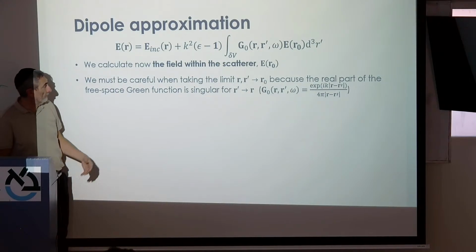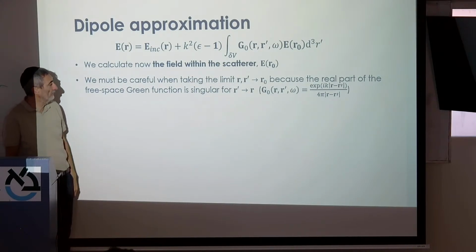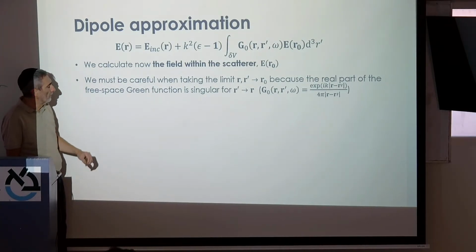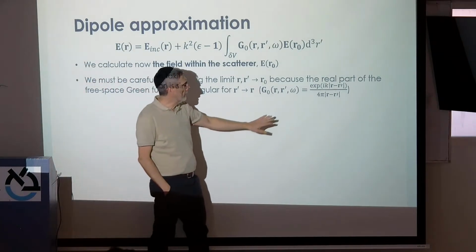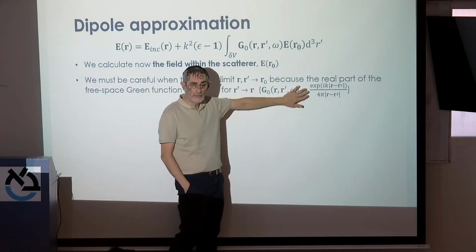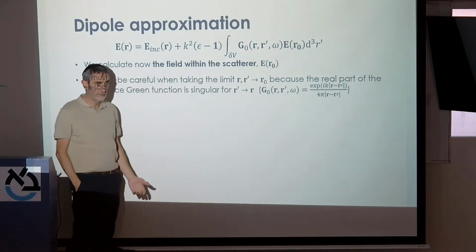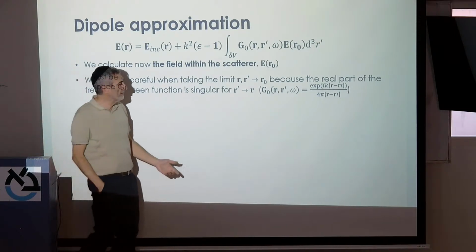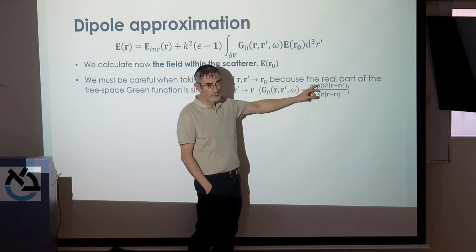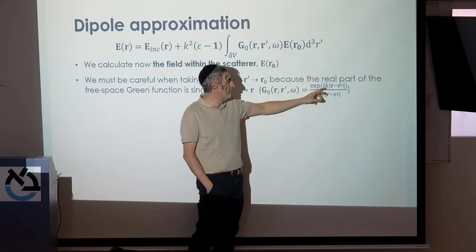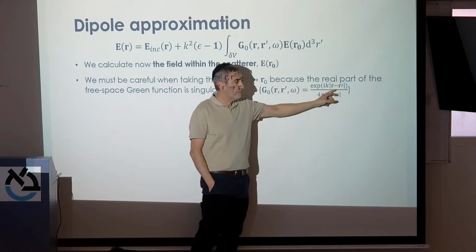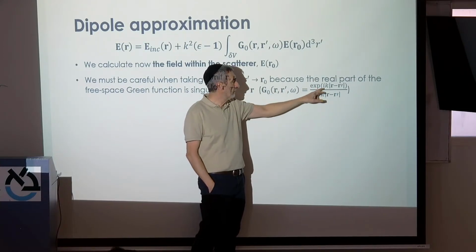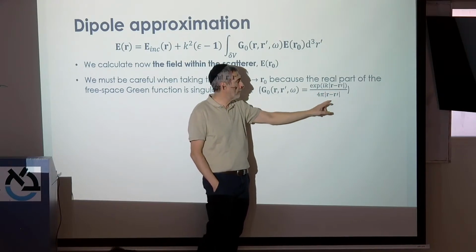So we have a problem with the integration over this volume of the field inside the system, especially when you get close to the singularity at R0. But if you are careful here, you can see that this problem is only for the real part. The imaginary part we can calculate. There are different ways to see it. You can simply decompose the complex exponential: this is cosine of k|R minus R prime| over |R minus R prime| plus i sine of k|R minus R prime| over |R minus R prime|.